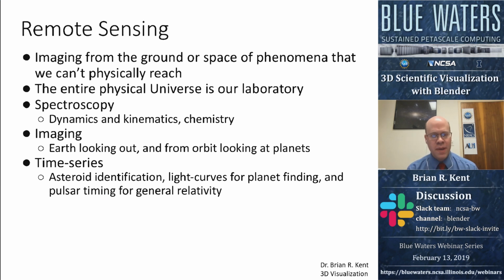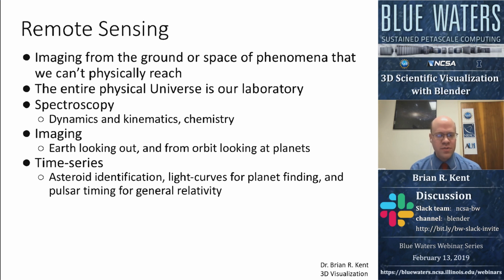We can either do broadband continuum emission studies with our radio telescopes, or we can study spectroscopy. Spectroscopy allows us, by breaking the electromagnetic radiation into its constituent components, its colors, if you will, as an analogy, to study the dynamics and the kinematics of galaxies, but you can also do astrophysical chemistry and study the building blocks of compounds in all kinds of different objects.